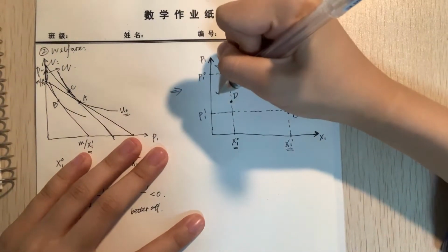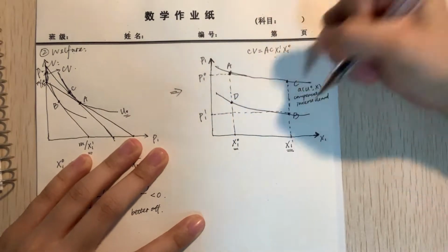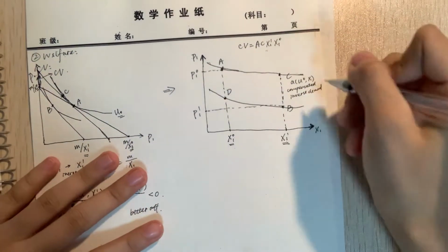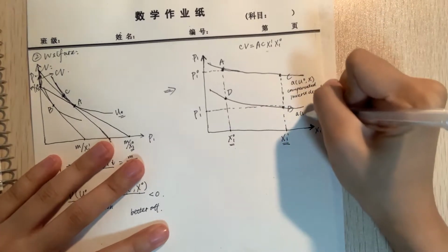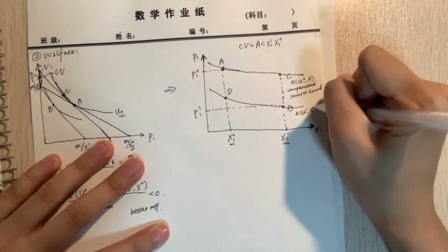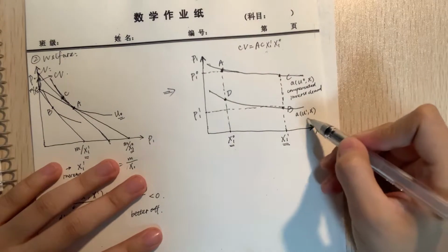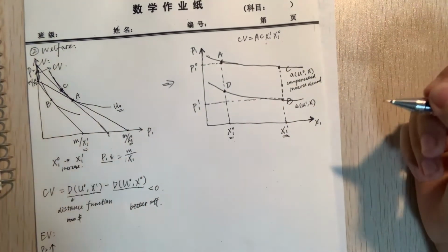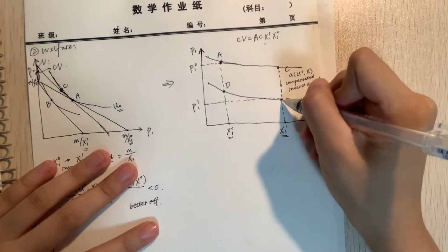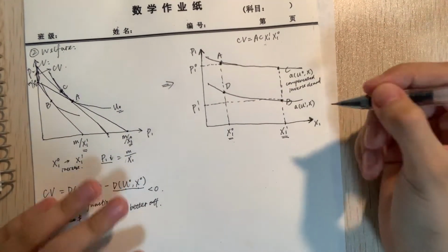Looks like this. So this is another compensated inverse demand function with a different level of utility, but it's still compensated, and this will help us to find EV.